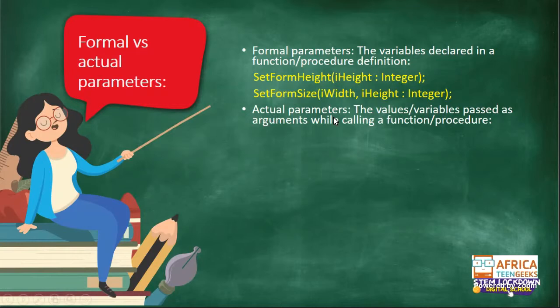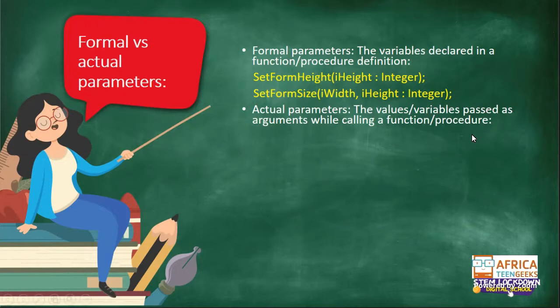Now the actual parameters. This comes in when I actually go and call this procedure from a button or wherever. Those are the values or the variables passed as what they call arguments when we call a function or a procedure.